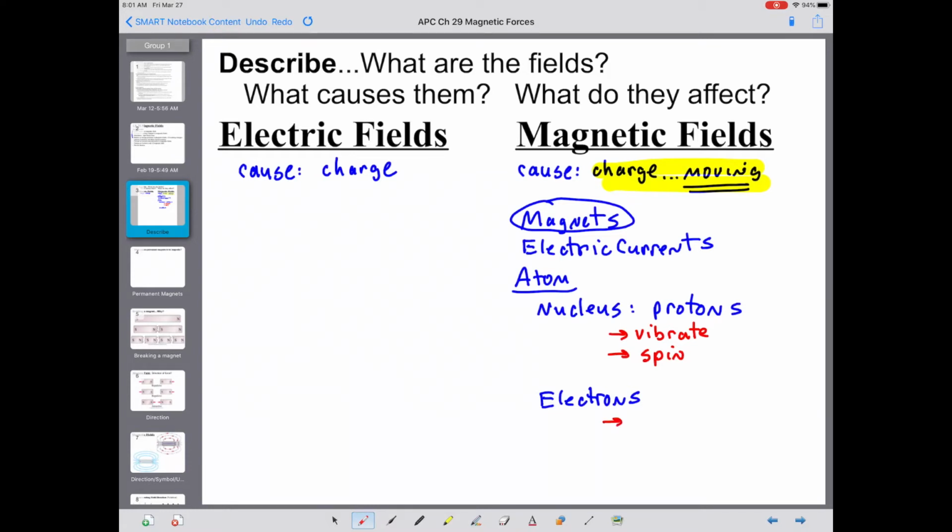Electrons can also vibrate. Think about when we talked about light being produced last year. Electrons vibrated between electron orbits, producing an electromagnetic wave. So that vibrational motion of an electron between shells can produce a magnetic field. Electrons can also spin to produce a magnetic field.